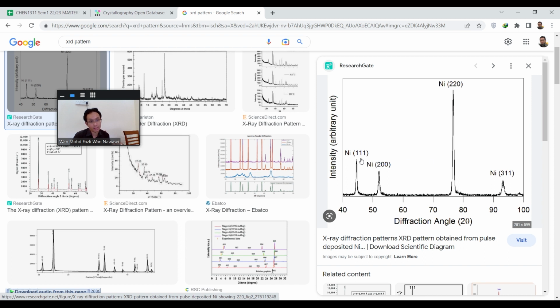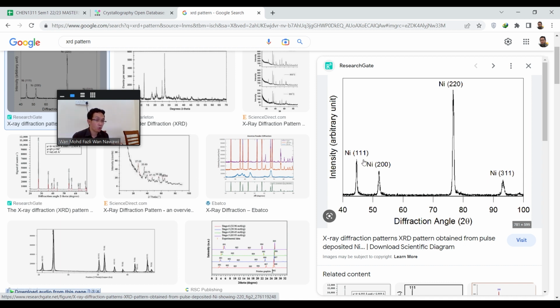So for this sample, at this plane 111, they are constructively interfering. But where there is no peak, it's destructive. For example, here there is nothing at all, meaning that they are destructive interference. The one that is a peak is constructive interference.